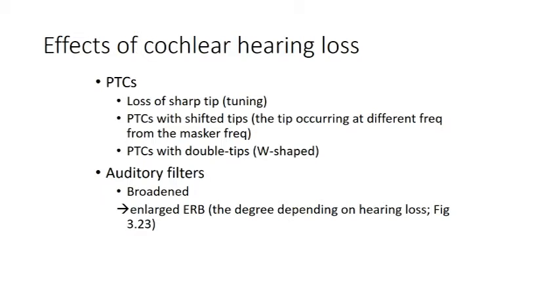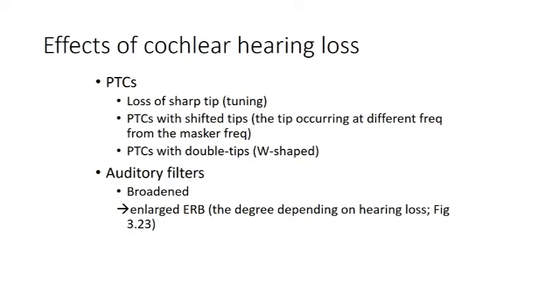There's some amplitude variation, but the frequency is not sure. So there is an implication of cochlear hearing loss. When multiple sounds are going on, people with cochlear hearing loss have a reduced ability to segregate the components of the sound.